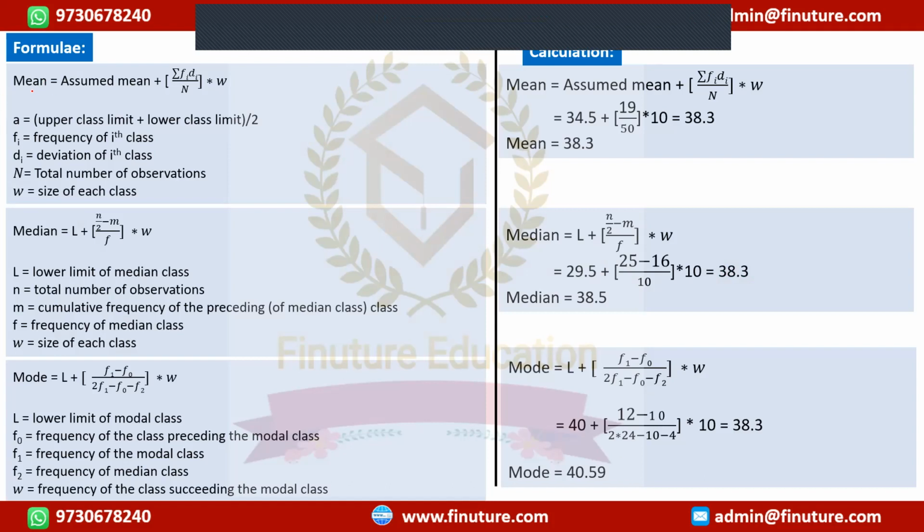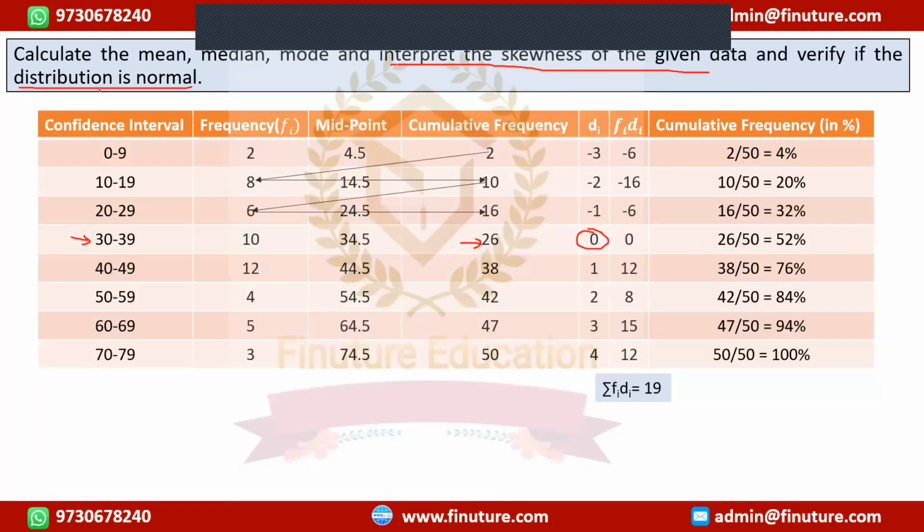So see, this is the formula for your mean. This is the assumed mean. When I say assumed mean, it is the average of your median class, wherein your deviation is 0. So 30 and 39, take the average of that.